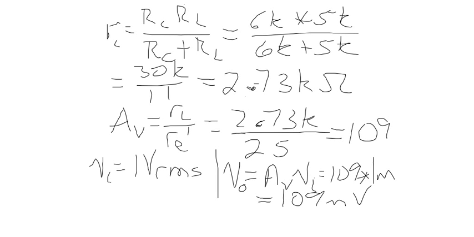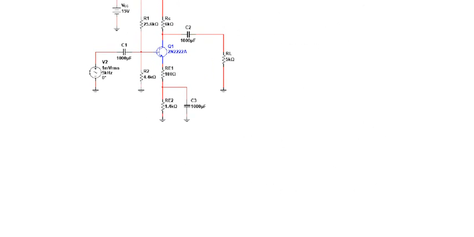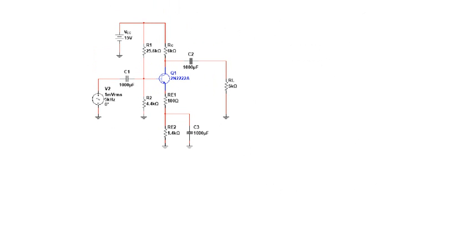I do want to look at a variation of the common emitter. One problem that we can run into with the common emitter is it's not very stable as far as temperature and aging. So we can make something here we call a swamped common emitter.